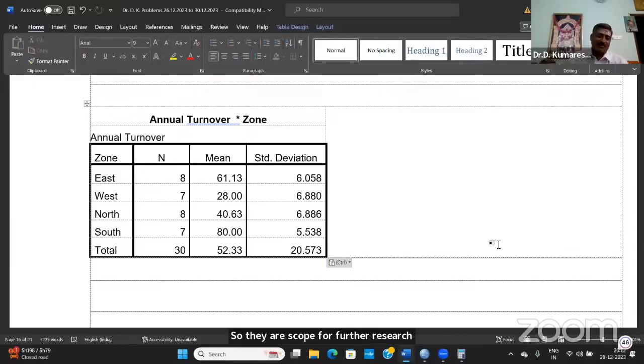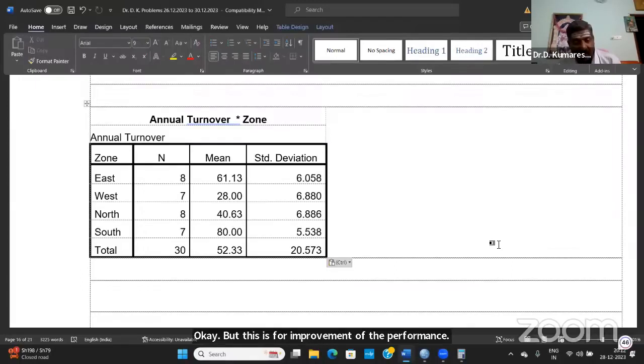Further research is to be carried out to find whether there is any impact of competitors on the West Zone retailers, or whether the satisfaction level is less among the West Zone customers. Okay.